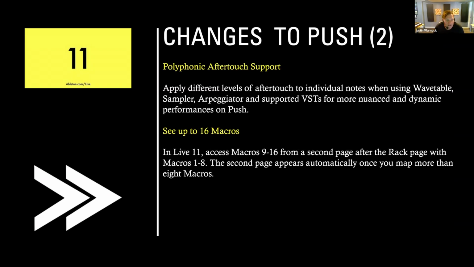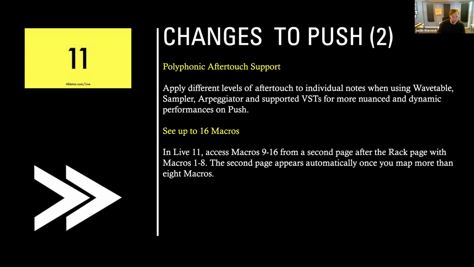And also changes to Push, polyphonic aftertouch support. This goes directly with MPE. So apply different levels of aftertouch to individual notes when using Wavetable, Sampler, or Arpeggiator, and supported VSTs for more nuanced and dynamic performances on Push. Right. So any MPE-supported VSTs that you plug in can also be controlled using aftertouch, using Push.